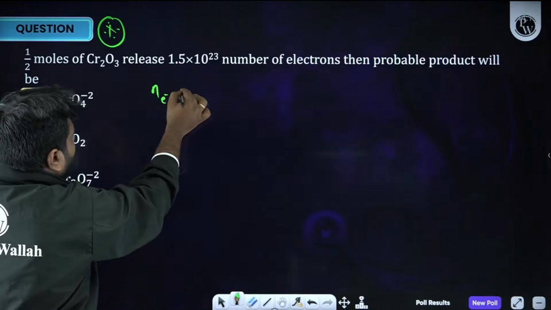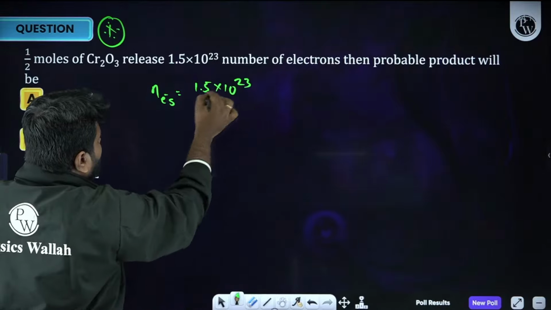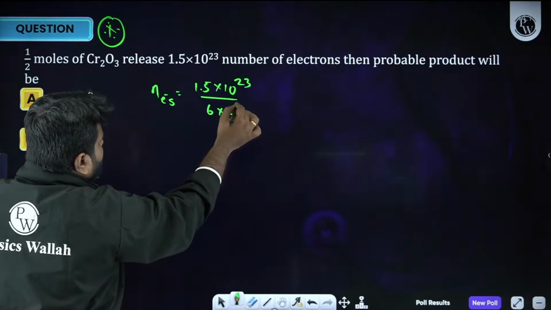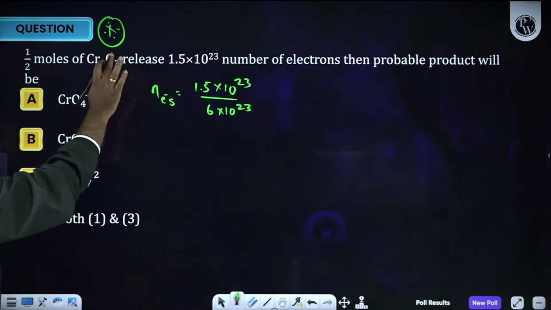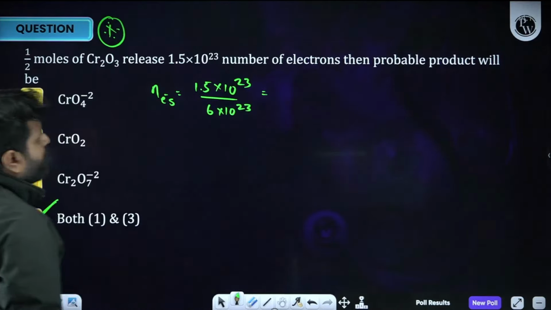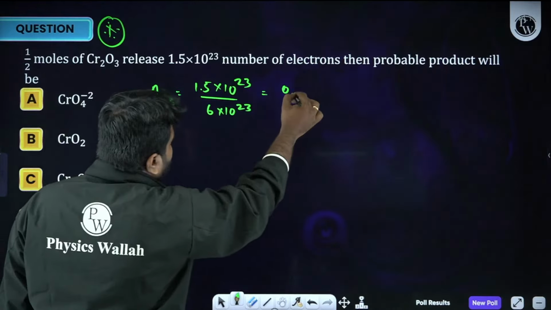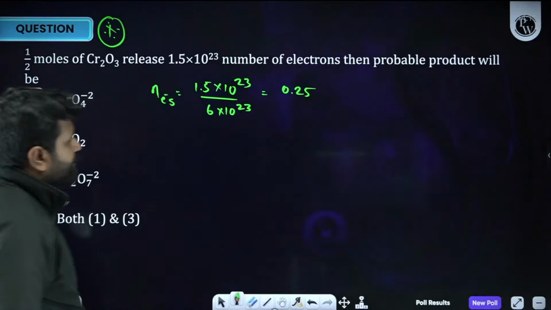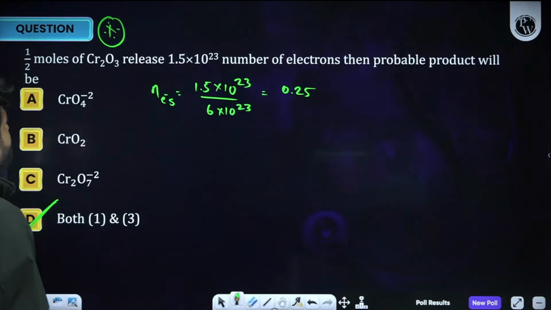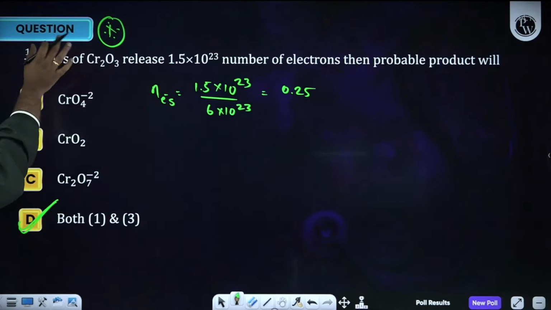Number of electrons divided by Avogadro number. I will take it as 6 into 10 to the power 23. So the number of moles of electrons comes out to be 0.25. Yes, 0.25.